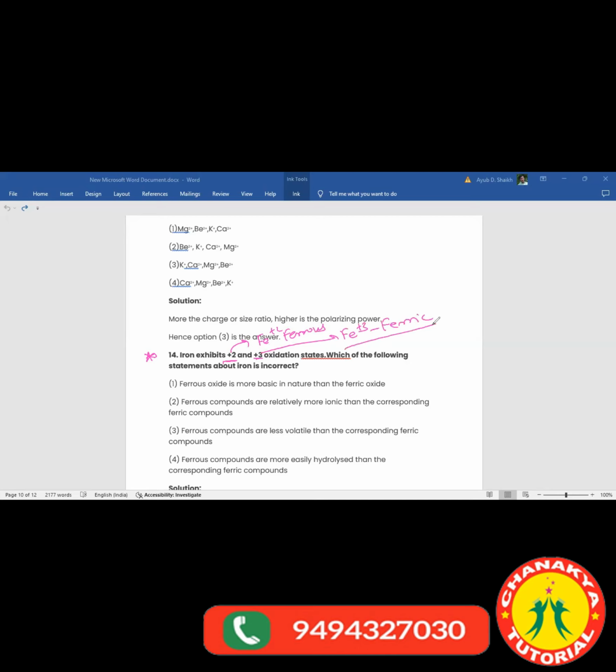See the statement. Fine. See here, ferrous oxide is more basic in nature than the ferric oxide.